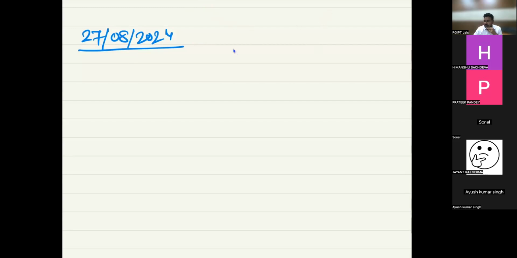Okay, let's start this class. Yesterday we were discussing mainly about constraints and the degrees of freedom. We mainly discussed these constraints.